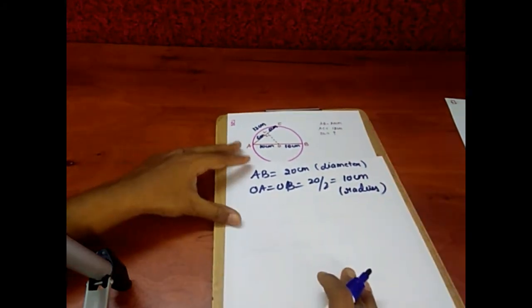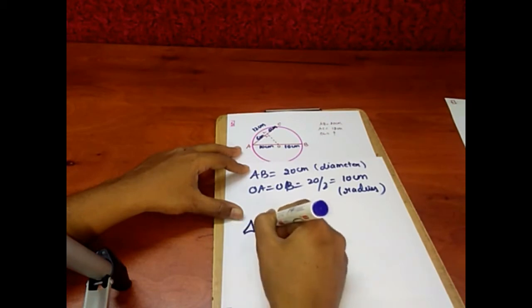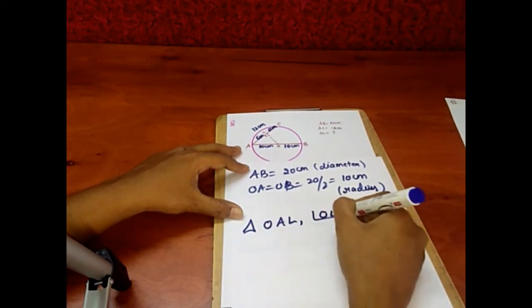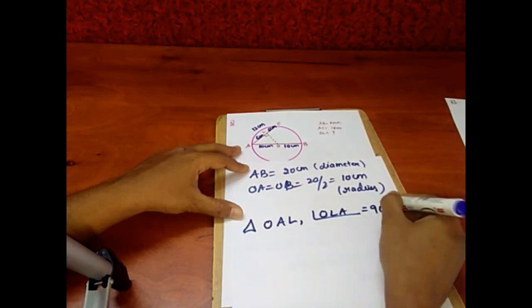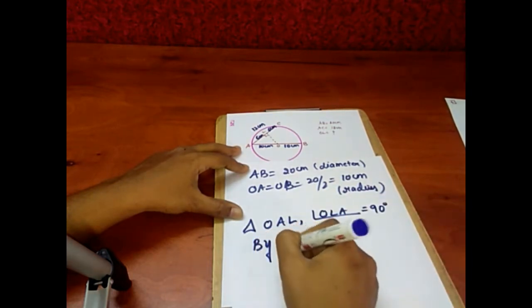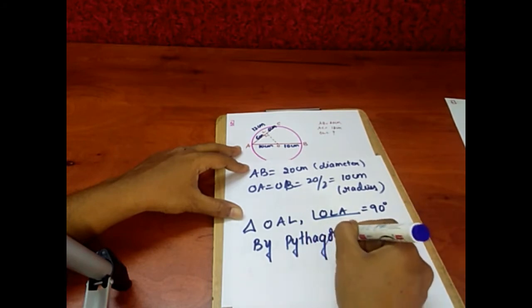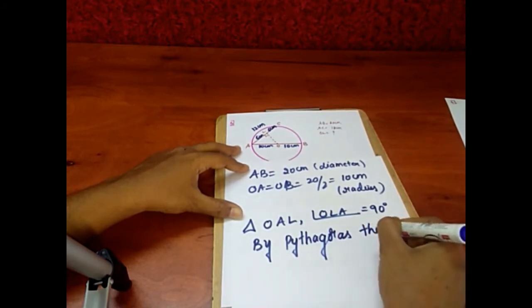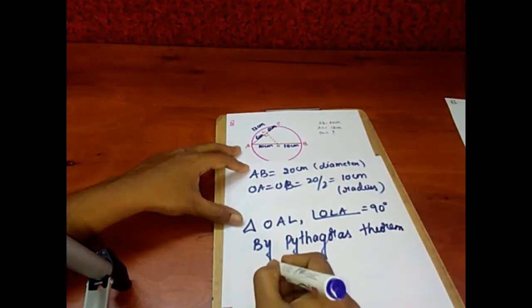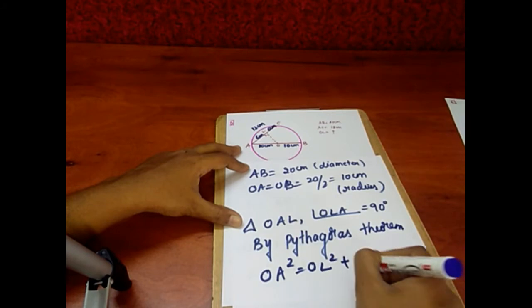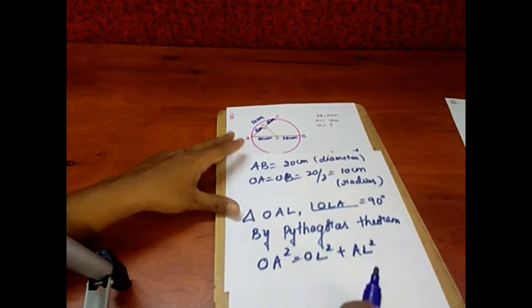Let us consider triangle OAL, angle OLA is equal to 90 degree. By Pythagoras theorem, OA square is equal to OL square plus AL square.